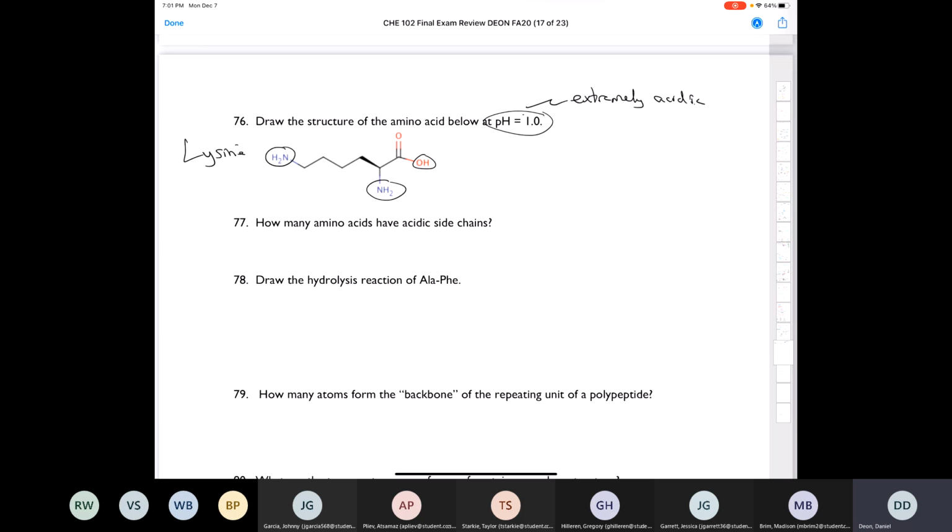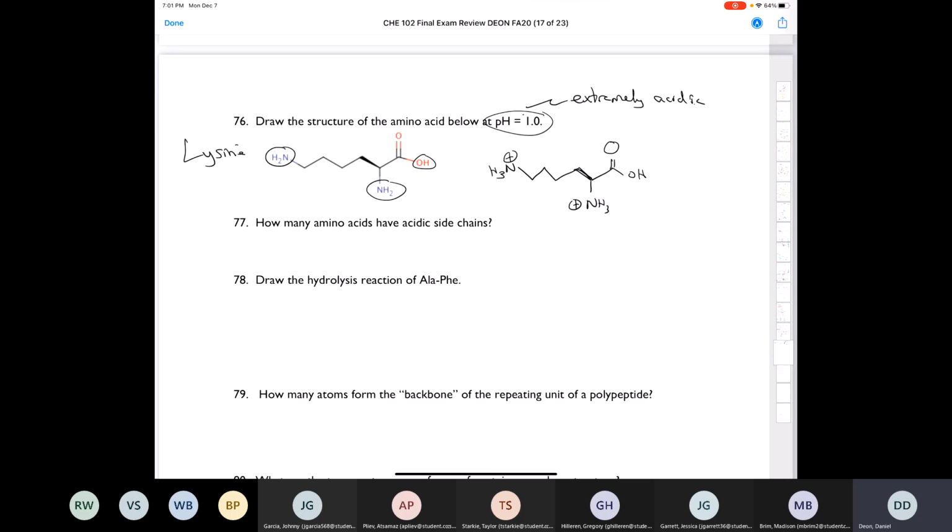The carboxylic acid is just going to remain intact at a pH of 1. And so lysine will look like this. We have 1, 2, 3. I'll draw a wedge here. So we'll have our protonated amine here, and our protonated amine here. And the carboxyl group will simply remain intact.